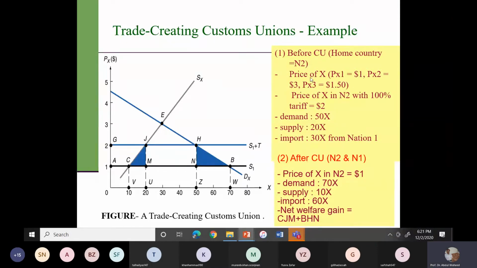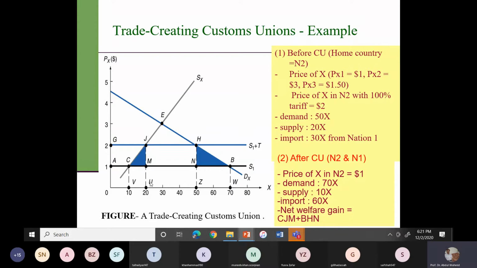The price of X in nation 1 is $1, the price of X in nation 3 is $1.5, and the price of X in nation 2 is $3. Here is the equilibrium, where quantity demanded equals quantity supplied, at $3.